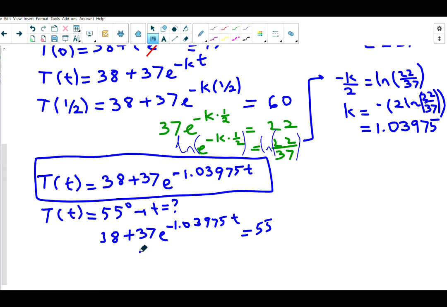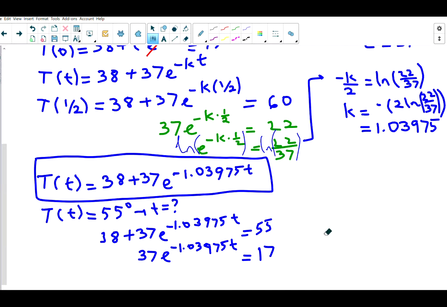You're only going to have 37 times e to the negative 1.03975 t equals 55 minus 38, which will be 17. Now divide both sides by 37, apply ln.